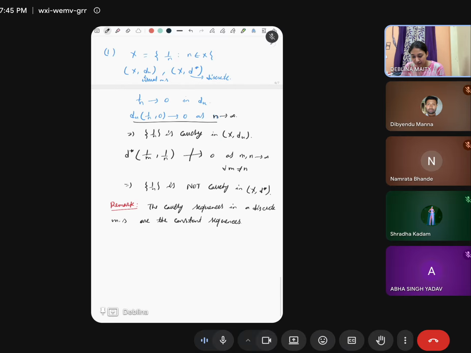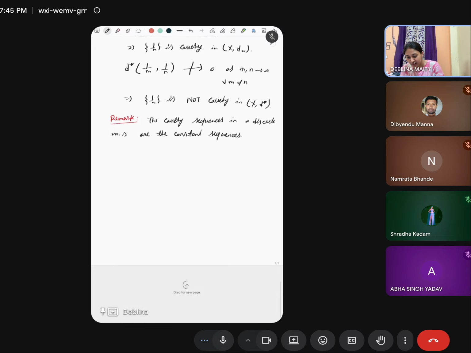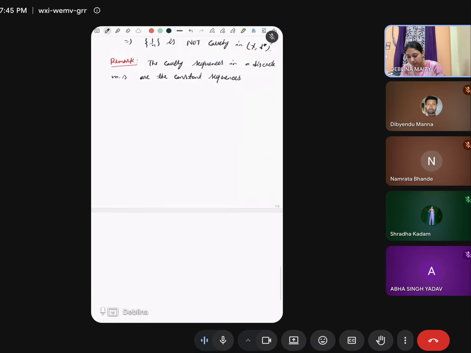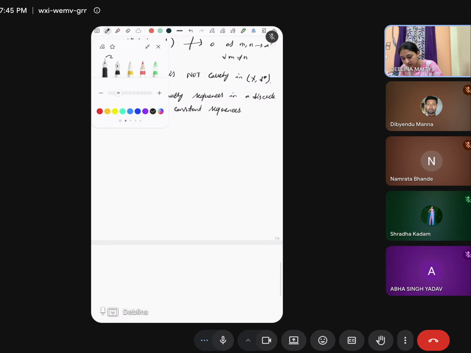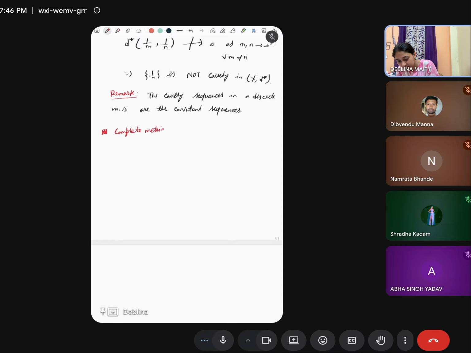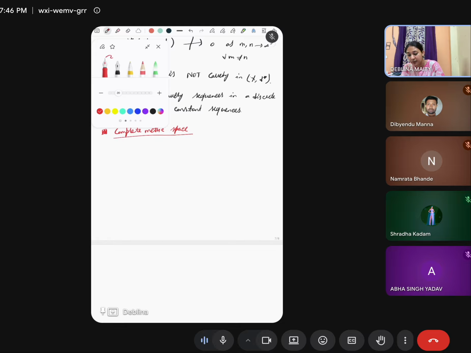Okay, so we have defined Cauchy sequences. Now we'll define completeness. A metric space is called complete if every Cauchy sequence is convergent.